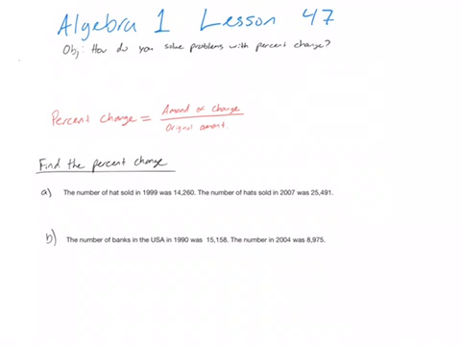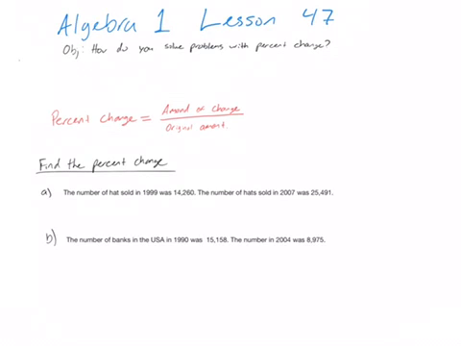Okay? So let's go ahead. This just says find the percent change. It says the number of hats sold in 1999 was 14,260. The number of hats sold in 2007 was 25,491. What's the percent change?